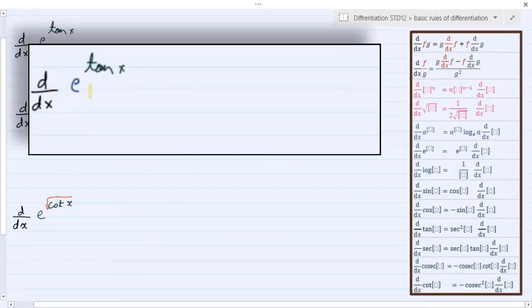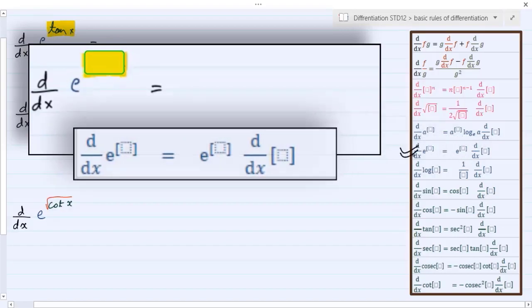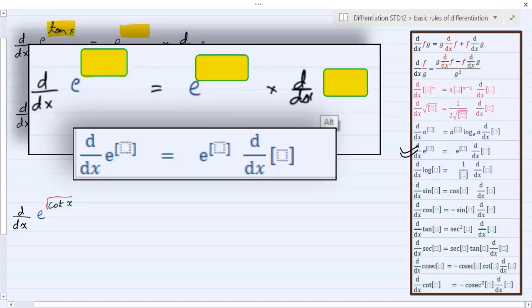Here, we have to differentiate e raised to 10x. Your 10x is an inner function. So consider a box around it and just differentiate e raised to box, which is e raised to box into d by dx of box.